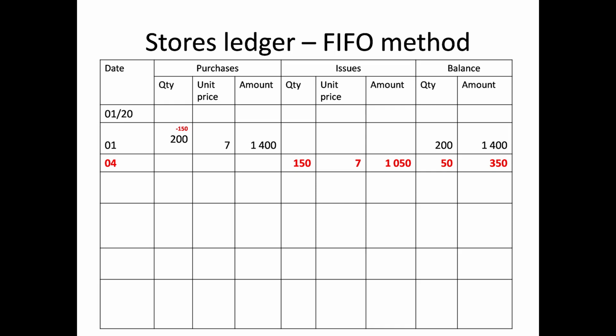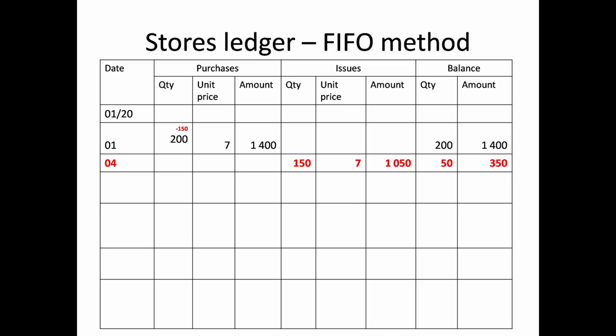There you have 200 units remaining. Now from that you have to issue 150 units. So there, if you want, you can write down in small letters minus 150. Therefore, under issues you are writing unit price as 7. Now the amount: 150 multiplied by 7, the amount is 1050.